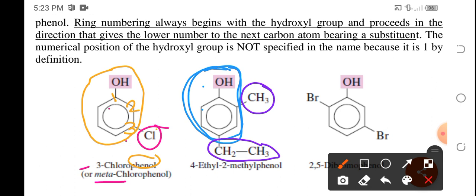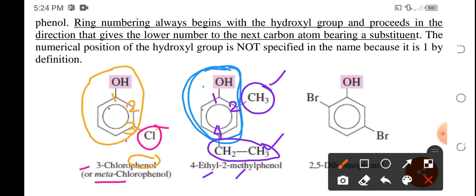So, numbering it, always, carbon number 1 will be assigned to the carbon atom that bears the hydroxyl group. We have to number this clockwise so that the first encountered substituent would be at carbon number 2, and this one would be at carbon number 4. The identity of this substituent is methyl and this is ethyl. In IUPAC naming, we have to arrange them alphabetically, so ethyl will be named first, then methyl.